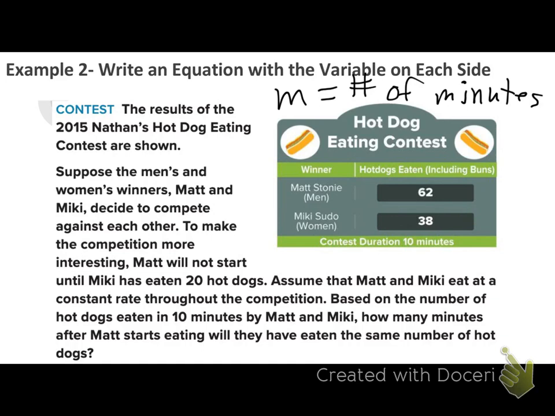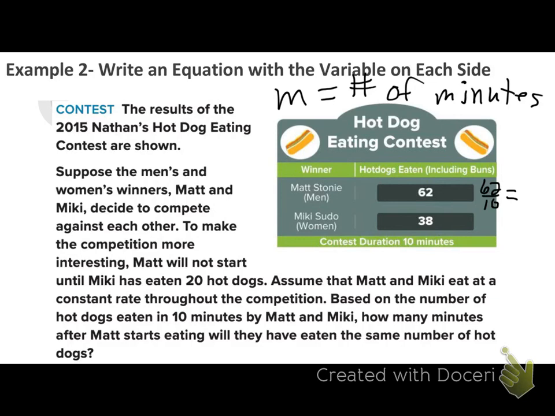These two numbers right here, 62 and 38, are the number of hot dogs they've eaten after 10 minutes. So let's break that down into number of hot dogs per 1 minute. I could do 62 divided by 10. Can anyone tell me what 62 divided by 10 is?